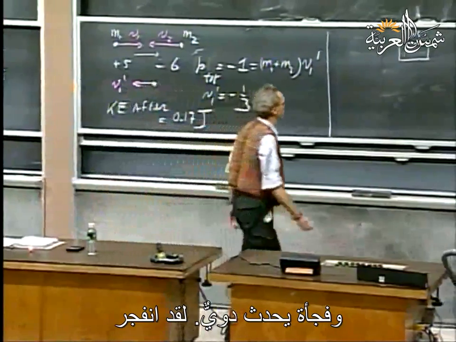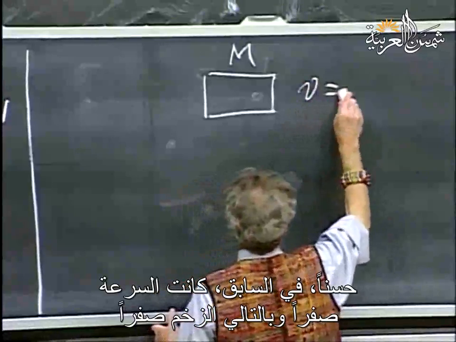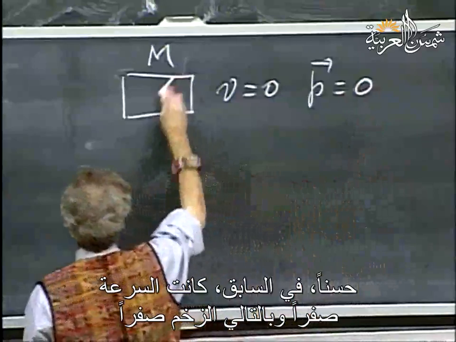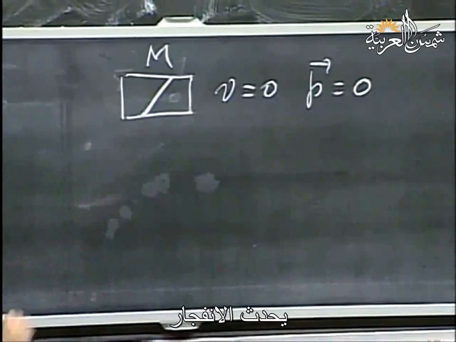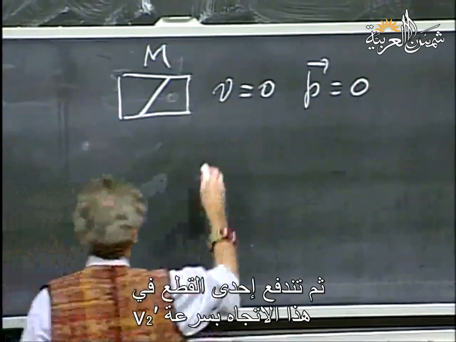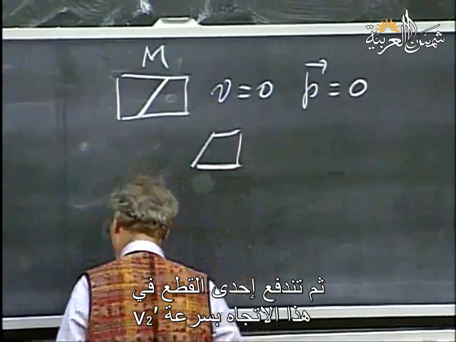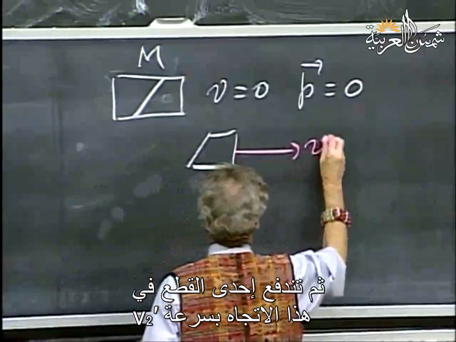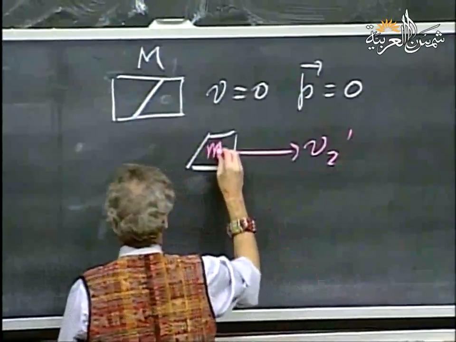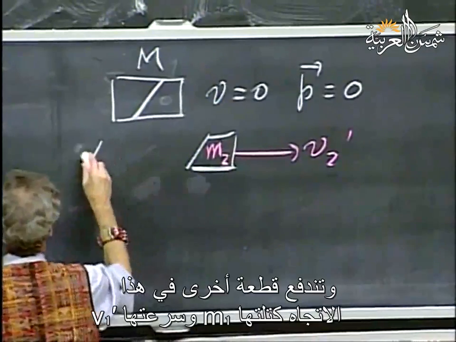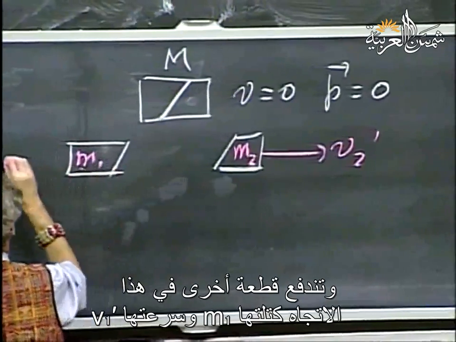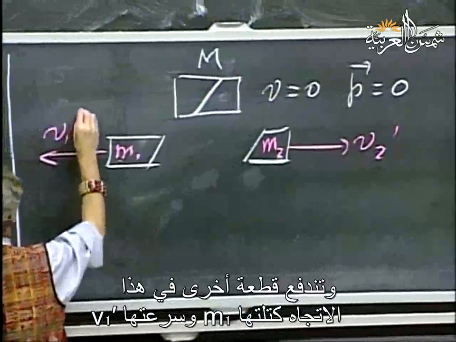It explodes. Well, before, the speed is 0, and so the momentum is 0. And there comes the bang, and one piece flies in this direction with a certain velocity, v2 prime. This is m2. And another piece flies off in this direction with mass m1 with velocity v1 prime.